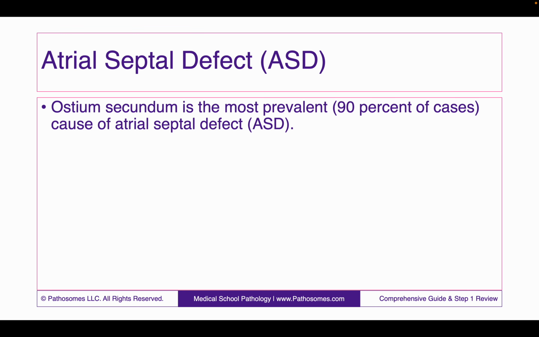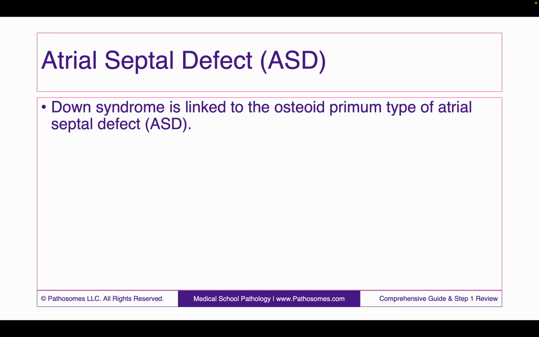Regarding atrial septal defects, the ostium secundum is the most prevalent cause, like 90% of cases. And what condition is linked with an ASD? Down syndrome. Yes, Down syndrome is linked to the ostium primum type of atrial septal defect.